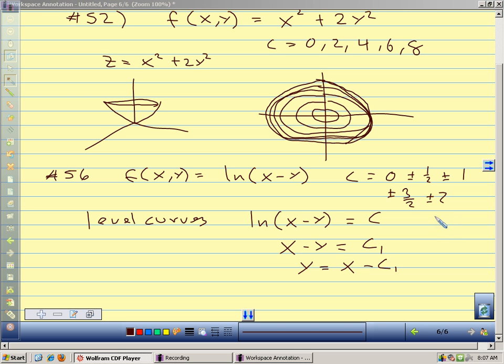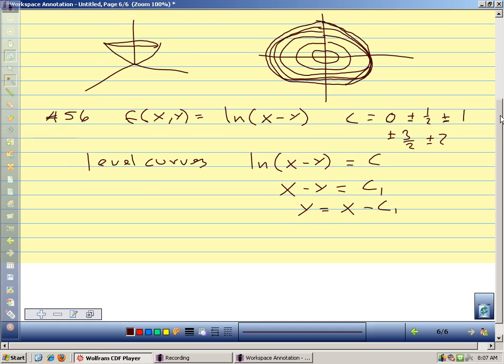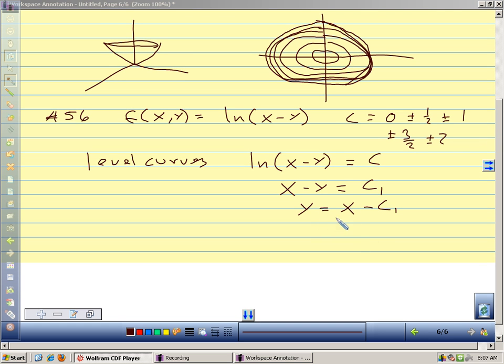So what are our level curves? We're just in the xy plane. These are just lines with a slope of 1. So if we're graphing this, I'm sketching a quick graph. I'm not going to plug in numbers.